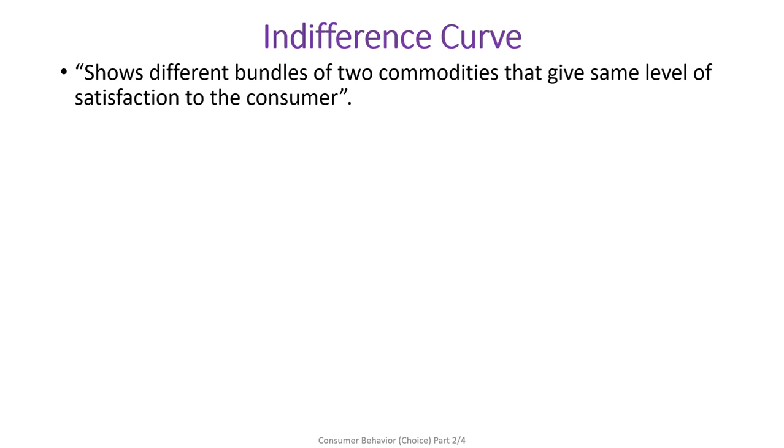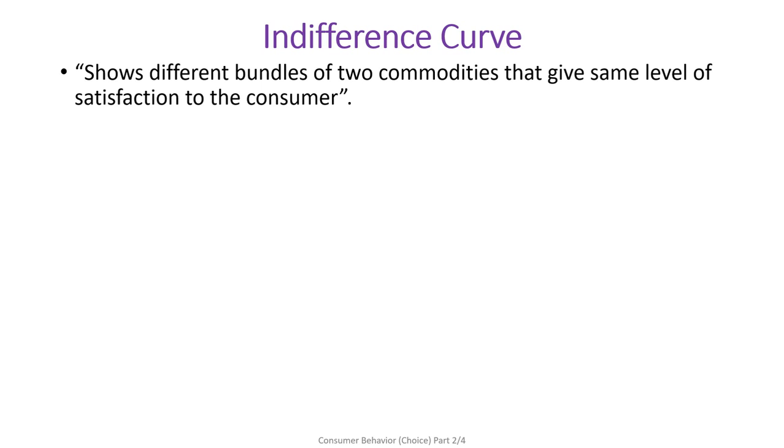That is, out of thousands of possible combinations of two goods, good X and good Y, we pick one bundle and compare it with others. There will be some bundles that give us more utility than this bundle. Similarly, there will be some bundles that give us less utility.